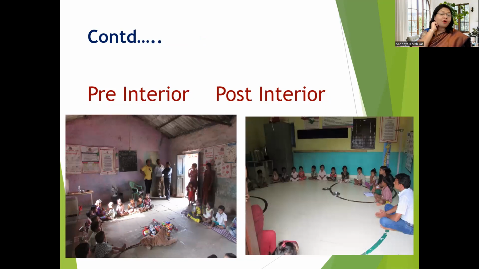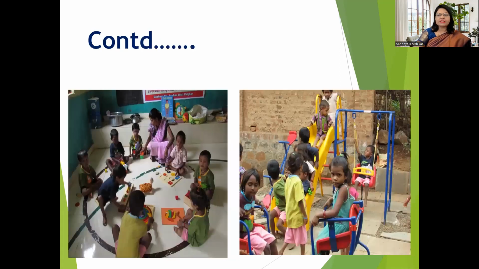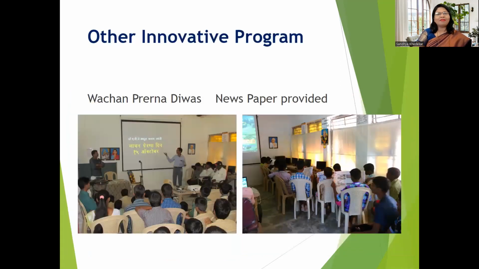So when I think of this, it's all about every child should feel that I am part of this class. I belong to this class. I own this learning environment. Giving that feeling is the real success of the education system. So in these pictures, you can see children are happier when we provide more facilities to them.